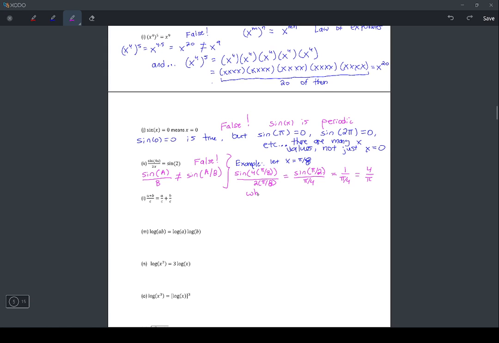While sine of 2 is equal to something from a calculator. And whatever that calculator number is, it can't possibly be pi over 4. Pi over 4 is larger than 1.